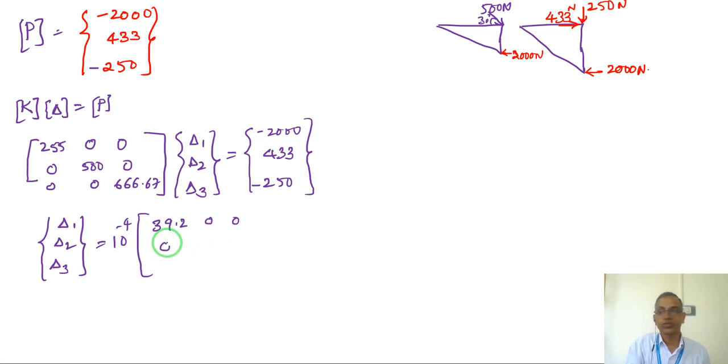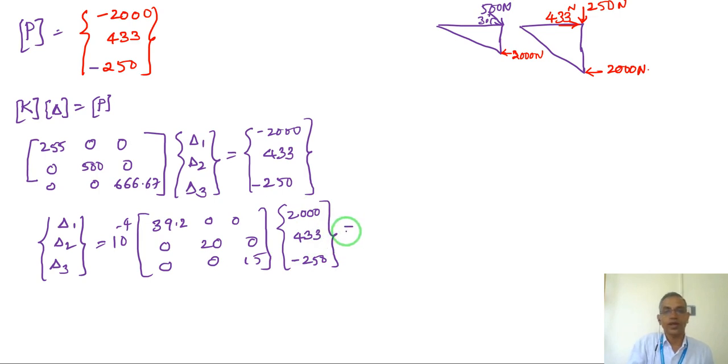39,200, 0, 20, 0, 0, 0, 15, and multiplying with this load vector, which is 2000 and 433 and minus 250.